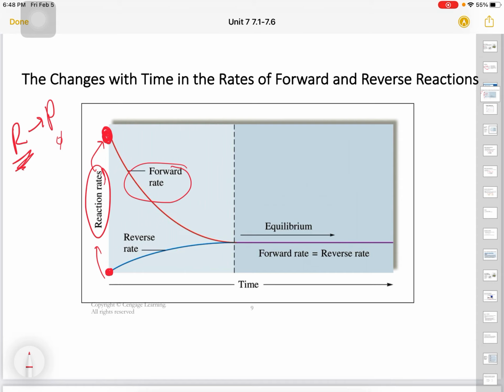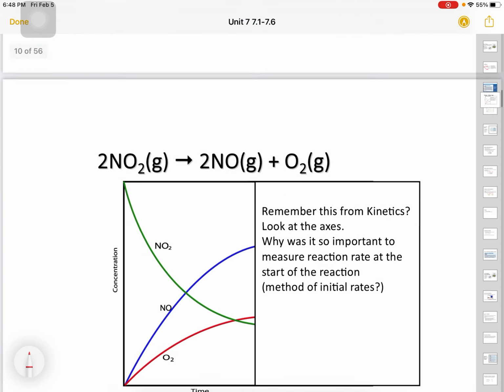But as reactants are used up, that forward reaction will slow down. And as product is created, the rate of the reverse reaction will speed up. Eventually, under certain conditions, the two rates will equalize and you have a system that's at equilibrium.